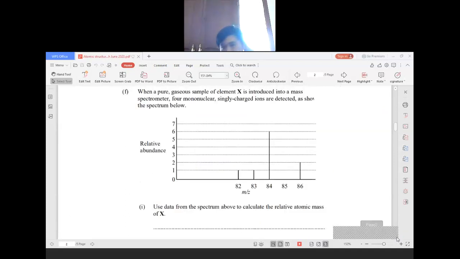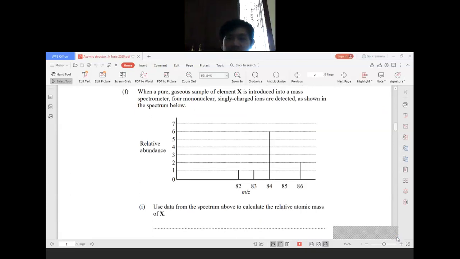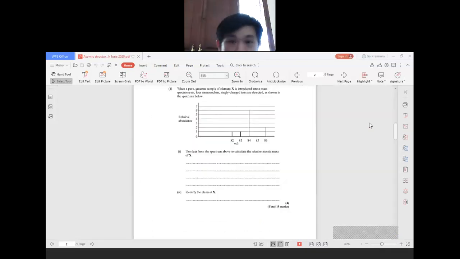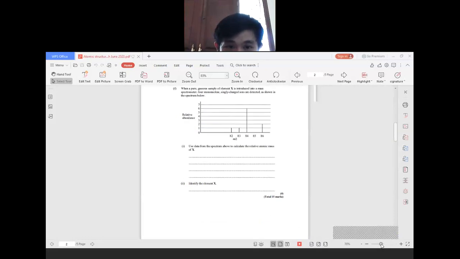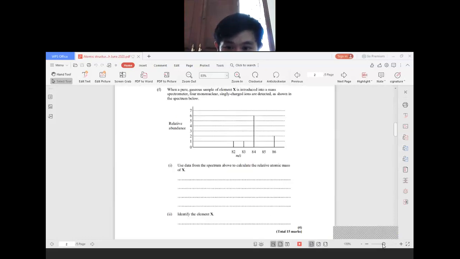When a pure gaseous sample of element X is introduced into a mass spectrometer, 4 mononuclear singly charged ions are detected, as shown in the spectrum below.